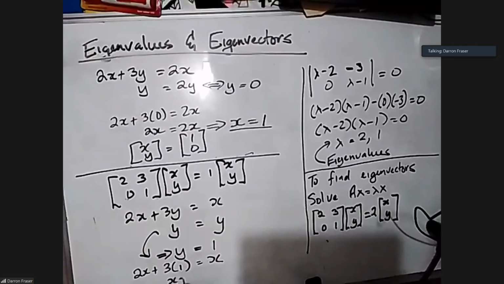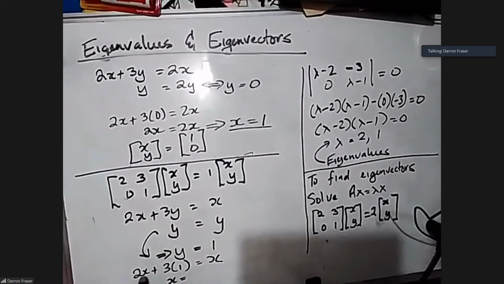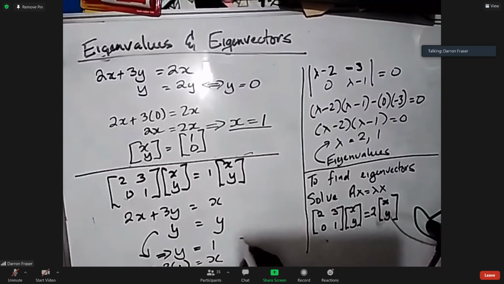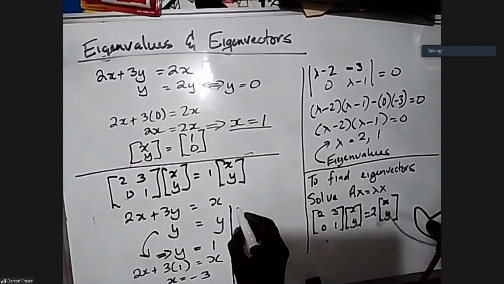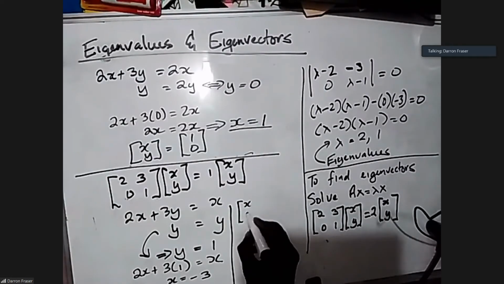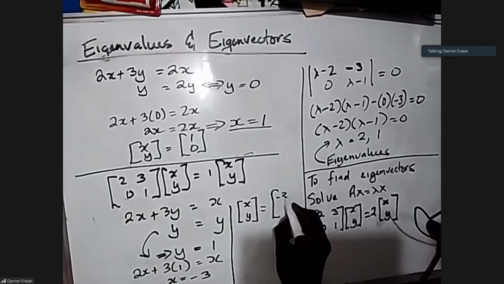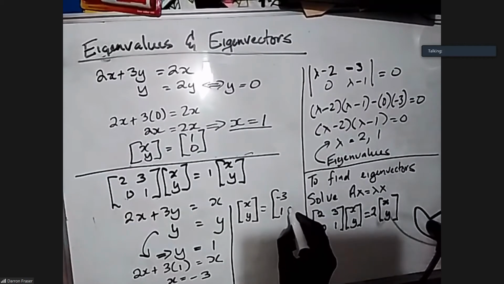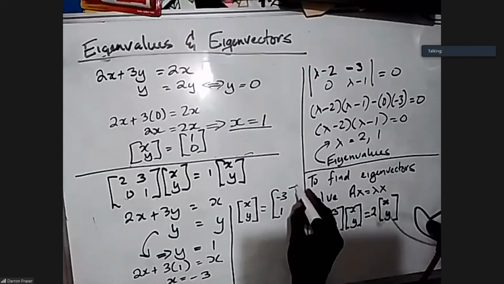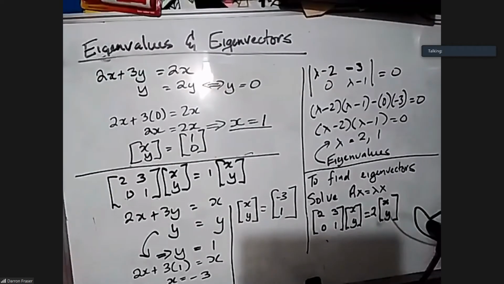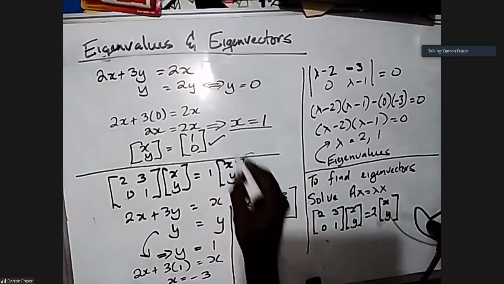So x would be equal to, carrying this over here, minus 3. So our second eigenvector is x equals minus 3, y equals 1.